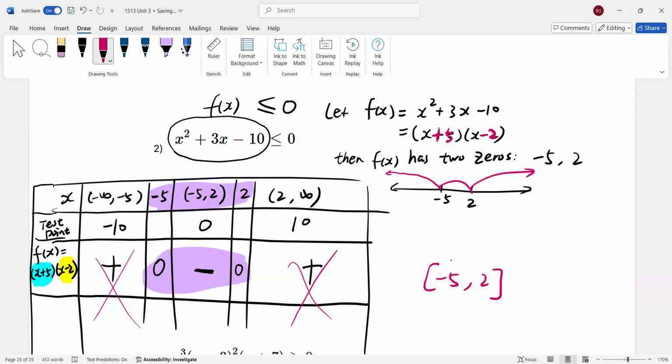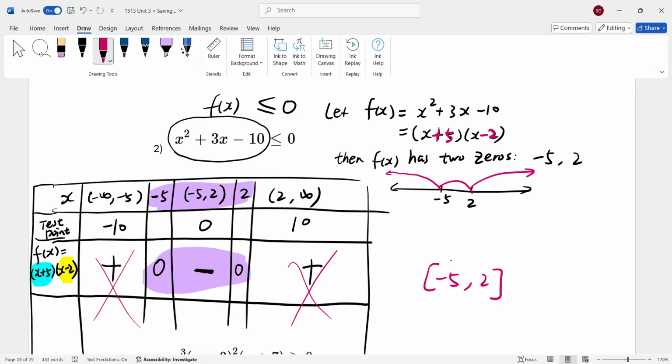Closed interval, because we are looking for the values of x that could make the function less than or equal to 0. In the open interval -5 to 2, the function is strictly less than 0. At -5 and 2, the function is equal to 0.